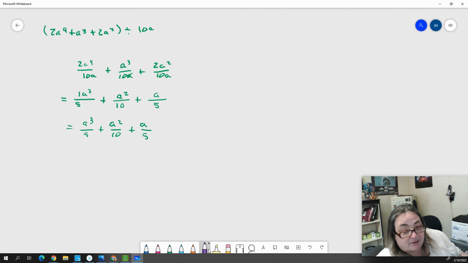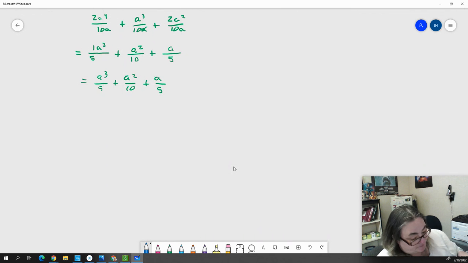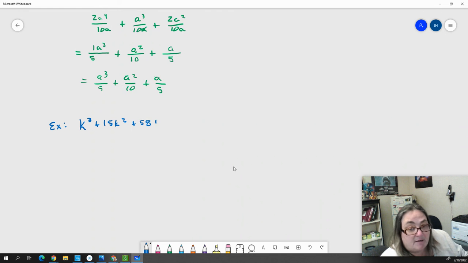And the way that works is we're going to take, for example, k cubed plus 15k squared plus 58k plus 24. And we are going to divide that whole thing by k plus 6.